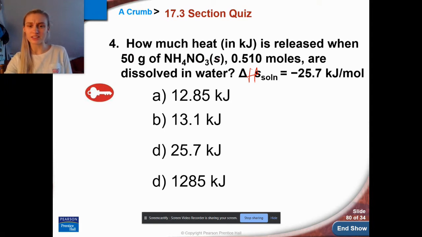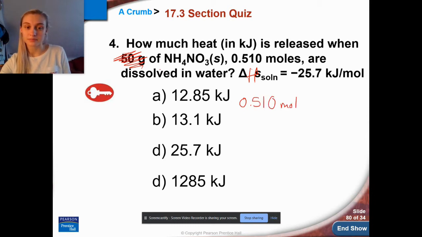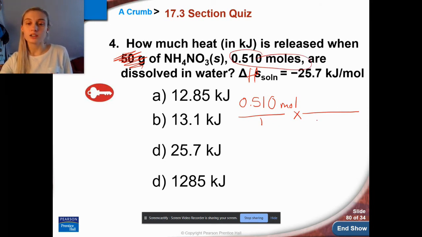We're like, oh, okay, they already gave us the moles. We don't even need this anymore. So we're going to look at the moles we're given, and so that's 0.51 moles of NH4NO3. So I'm going to put that given over 1, and we don't need to convert to molar mass because we're given these nice moles here. And so I'm just going to go right ahead and use this.